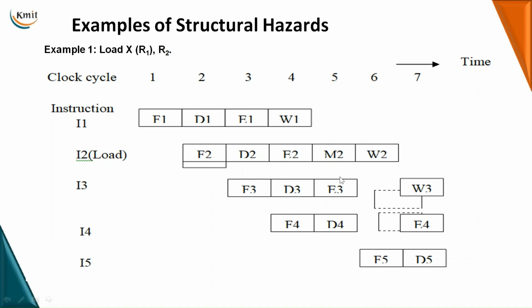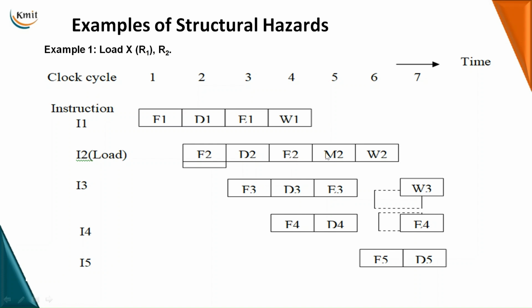This means the execution step of this instruction takes two clock cycles, cycle 4 and cycle 5. It causes the pipeline to stall for one clock cycle because both instructions I2 and I3 require access to the register file at the same point of time.